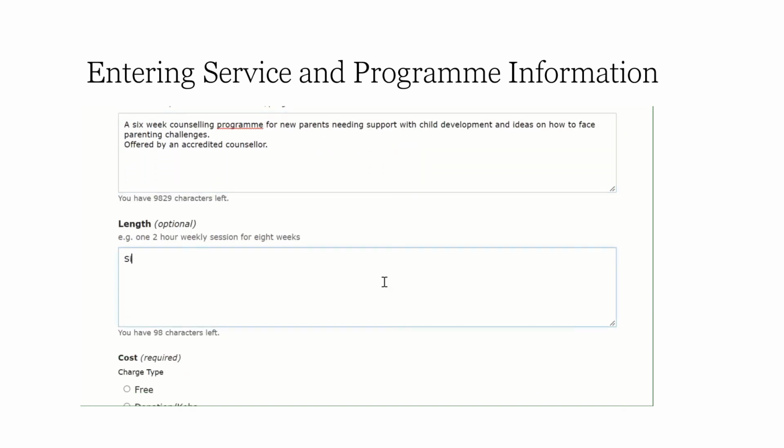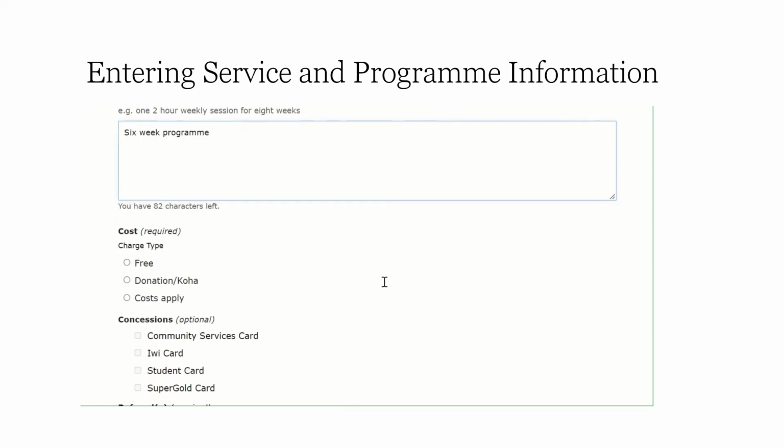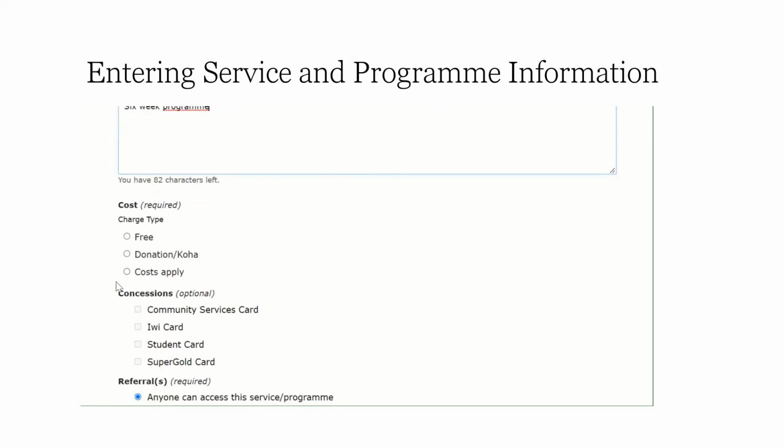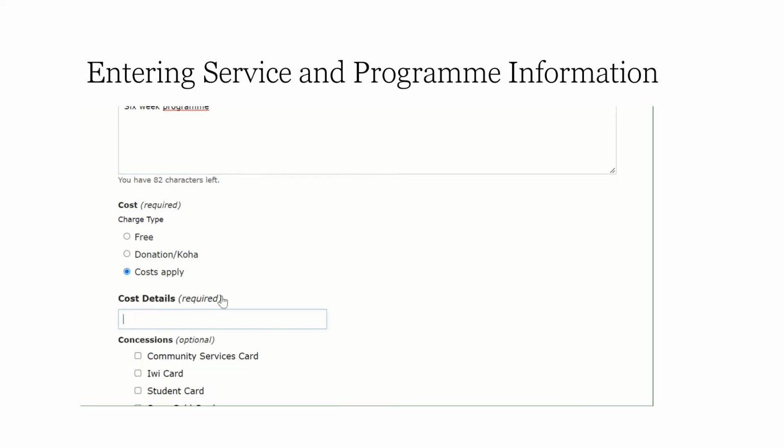You'll see the linked field is optional, but often you will want to fill that out if you are looking at a program that has a specific start and finish or a specific number of sessions.